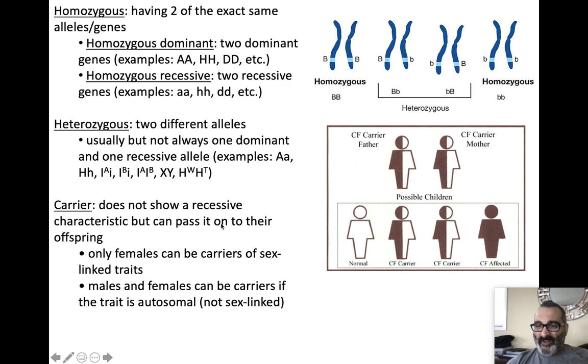Carriers. Now, what is a carrier? By definition, students make it more complicated than it is, and they get confused with it. A carrier is someone that does not show a characteristic. So let me give you an example. There are diseases out there that you could have that you don't have. You do not have the disease.